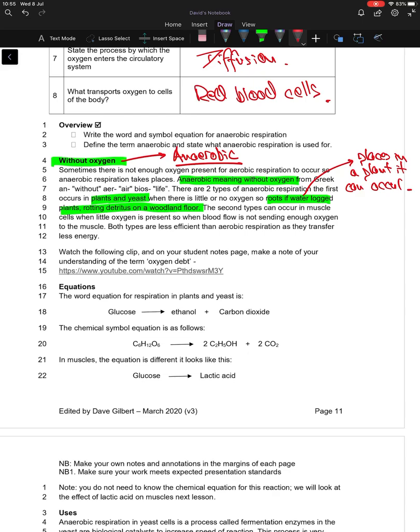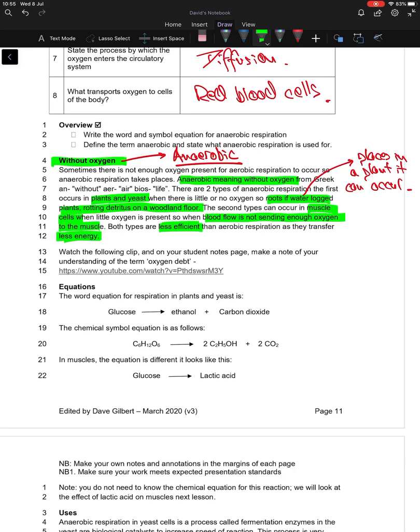The second type can occur in muscle cells when there's little oxygen present, so when blood flow is not sending enough oxygen to the muscle. Both types are less efficient than aerobic respiration as they transfer less energy. That's important.